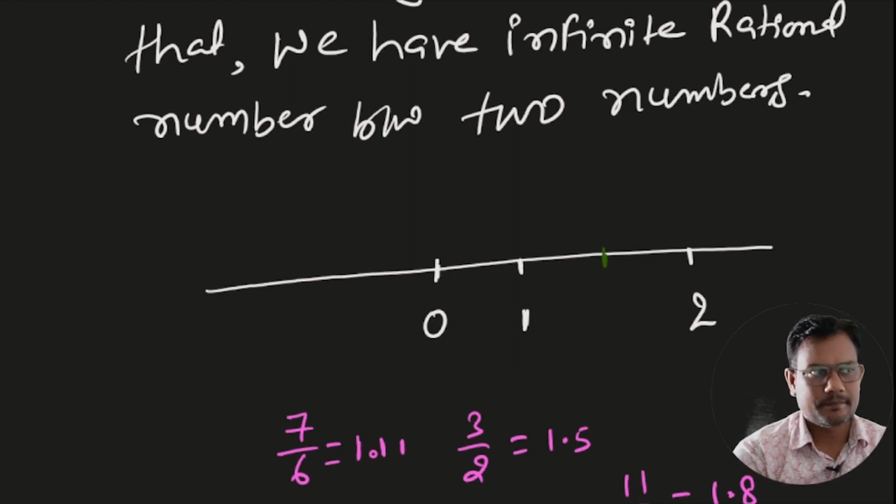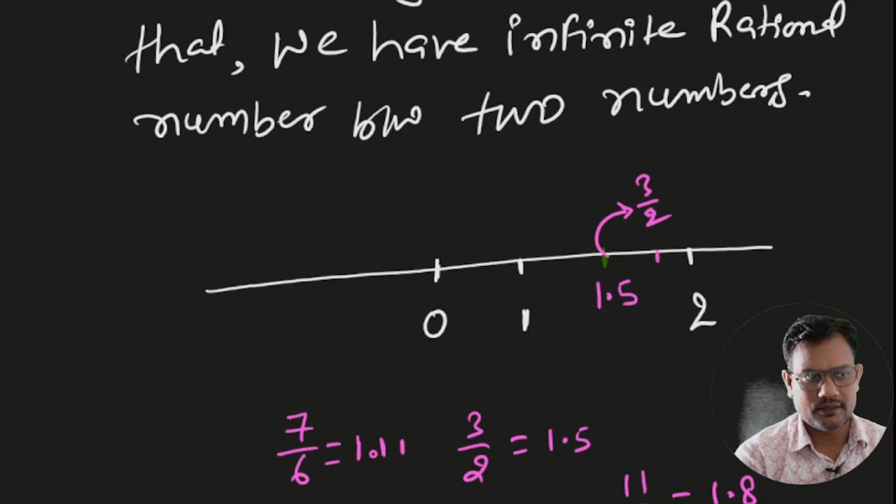Here will be 1.5, right? That means 1.5 means 3 by 2. 1.8, where will it lie?